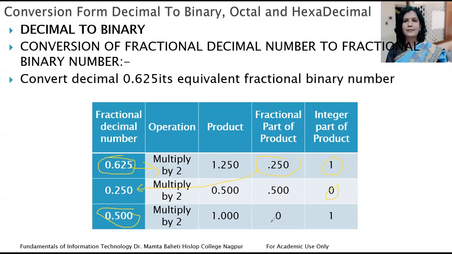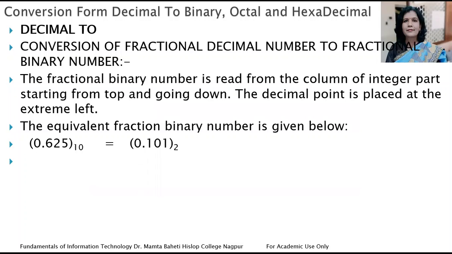So now my fraction is 0, so I will stop here. Either you reach 0 in the fractional part or up to the number of digits specified. So how will you write it now? As 0.101 in binary.